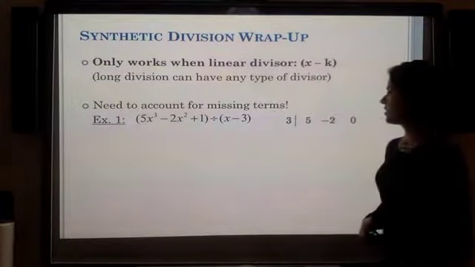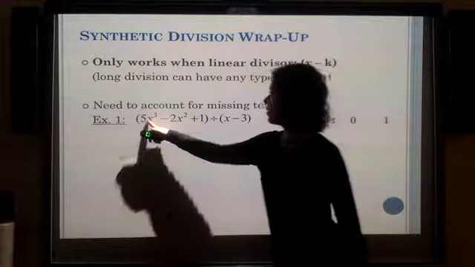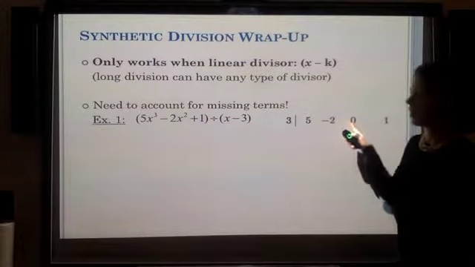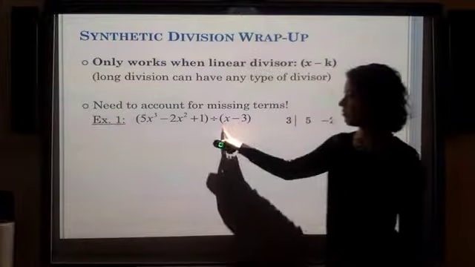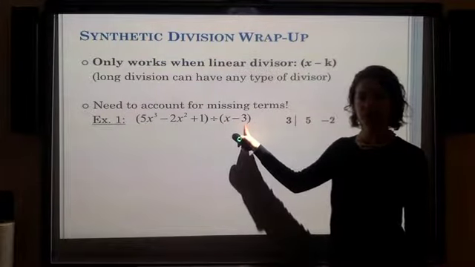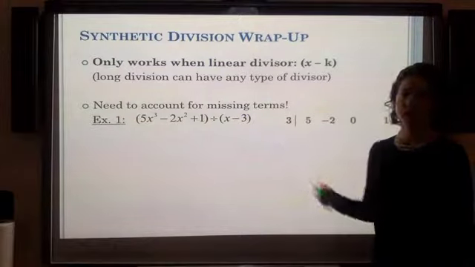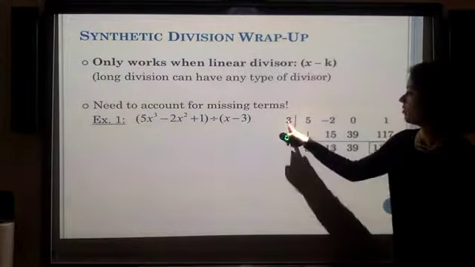So the way we would set this up is we would have 5 and negative 2, and then 0 because we have no x terms, and then 1 for the constant term.